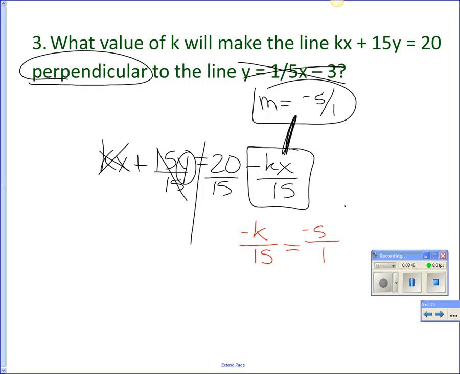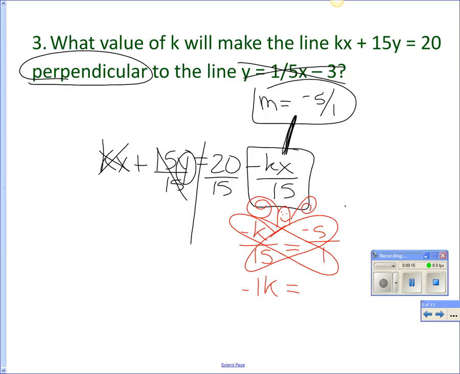All right, let's just go ahead and do the butterfly thing. I think that'll be easier than trying to figure out how to reduce it. So I'm going to cross multiply. I like butterflies. Okay, Neve, what do you get when you multiply negative k times 1? Good. Drop down your equals. Levi, 15 times negative 5.